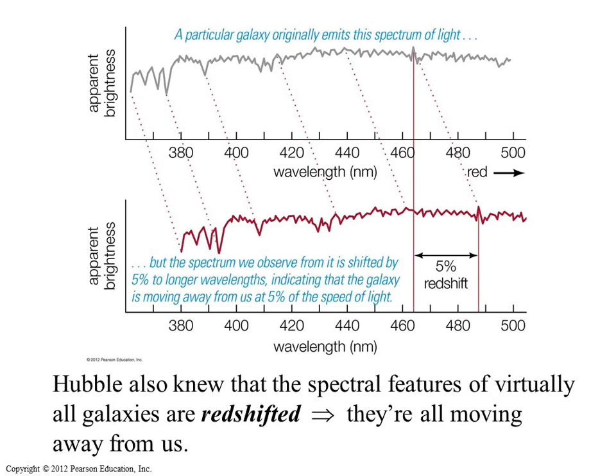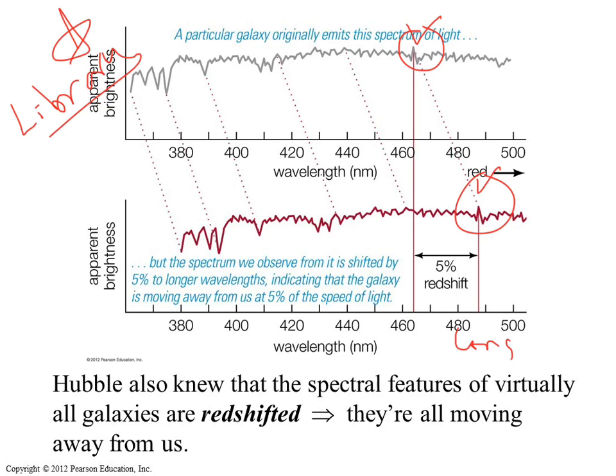Remember how this works. You have to look back. I think I looked at those wrong. The library sample is the top one. The stationary sample, this is the lab sample or library sample. This is showing you, for instance, that instead of this little peak being right there, this little peak is right here, at longer wavelength: redshift.